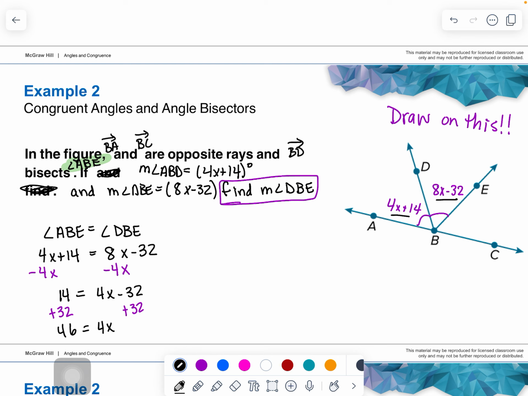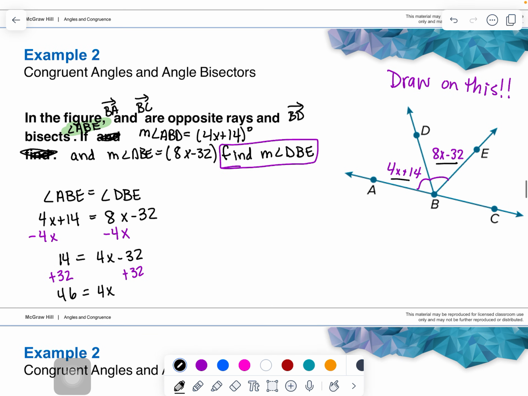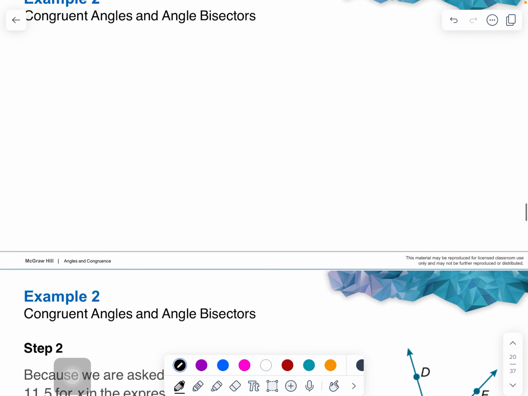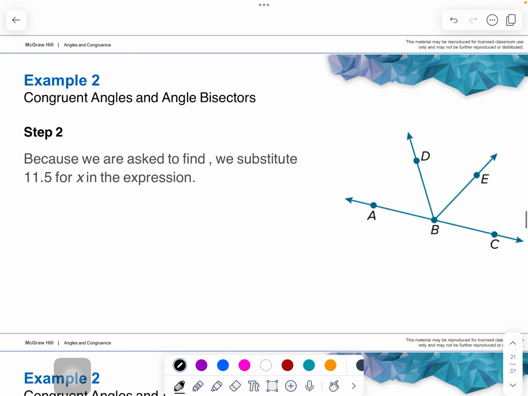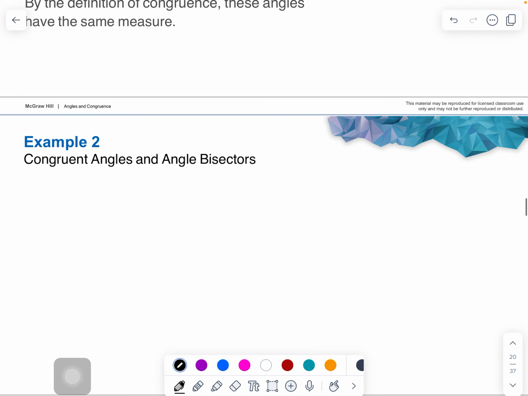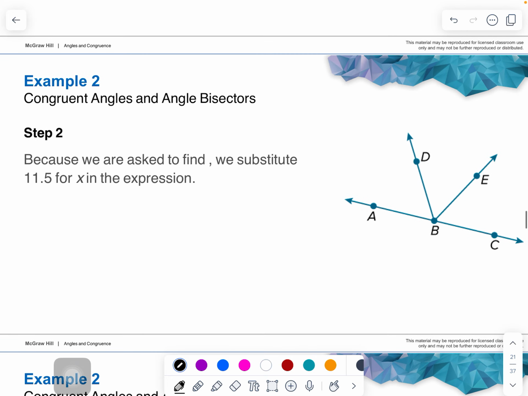Did I do that right? And then we get x equals 11.5. Did we get that right? Yep. 11.5. Yep, they took all that out of there.